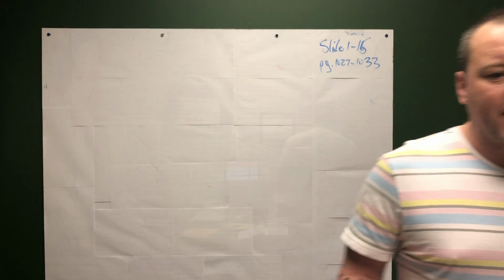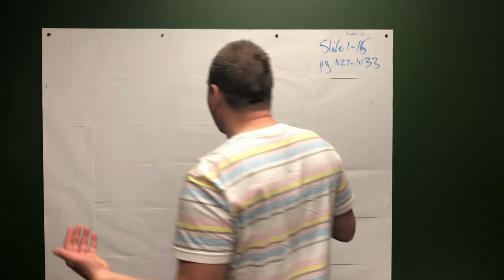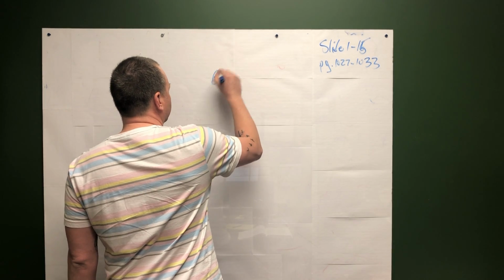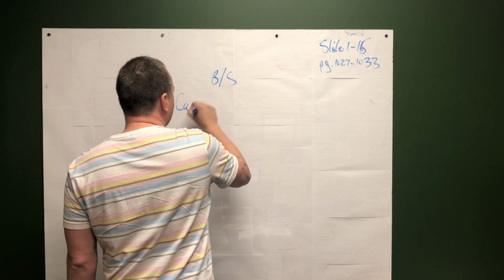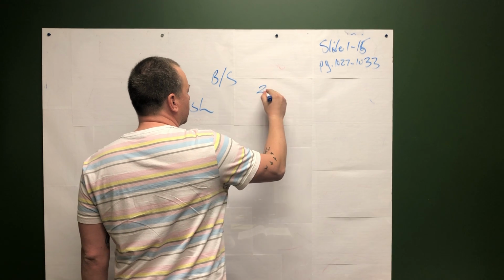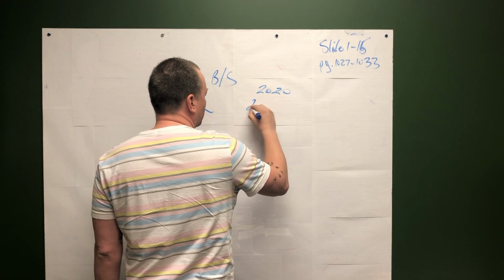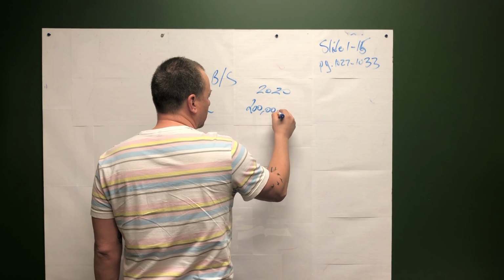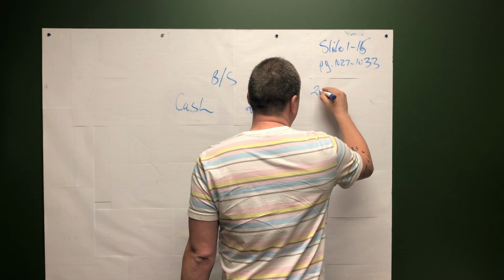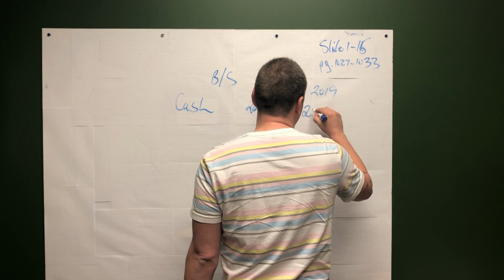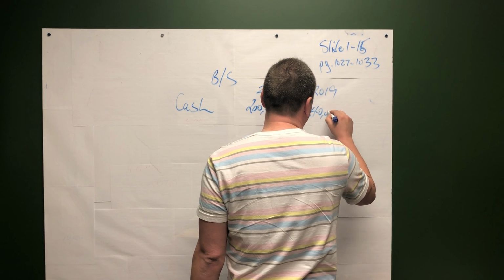And what is the change in that cash balance? You can always tell the change in the cash balance if you go to your balance sheet. Let's just say this is our balance sheet. We have cash. In 2020, the cash balance is 200,000. And in 2019, the cash balance is $240,000.